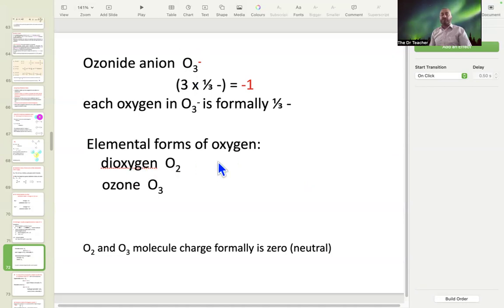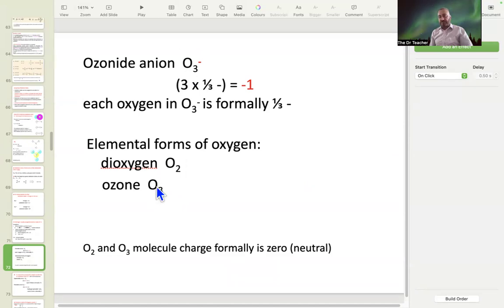Elemental forms of oxygen: dioxygen, ozone. Now you tell me, what's the oxidation number or overall oxidation for the oxygen gas? 0. What is the overall charge for the ozone molecule? 0.